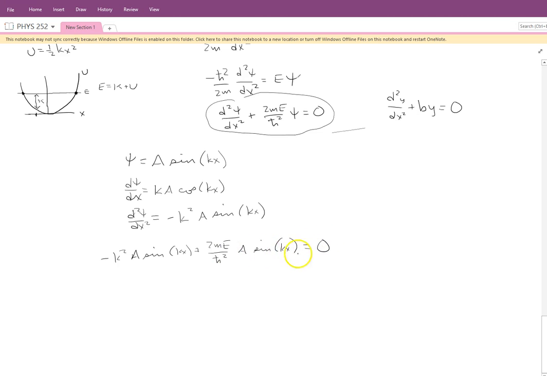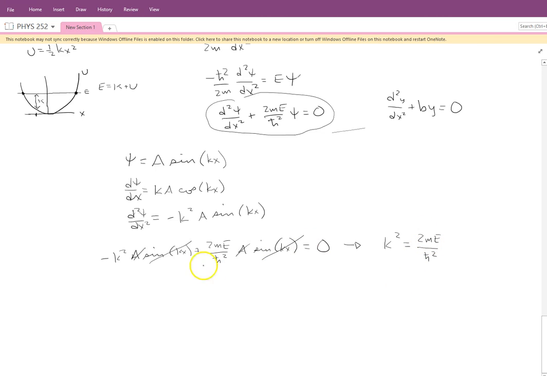And we have to be able to solve this equation for any value of x. Well, the actual function sine of kx is going to divide out. The a's divide out. So what we're left with is we do in fact have a solution as long as k squared, this constant squared, is 2me over h bar squared.